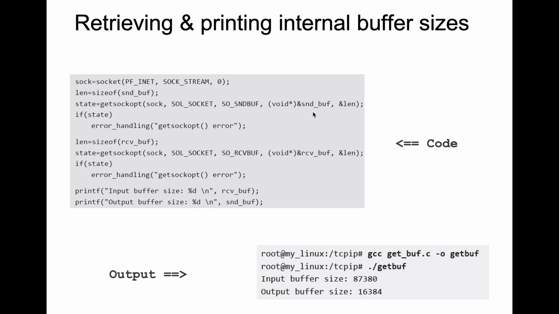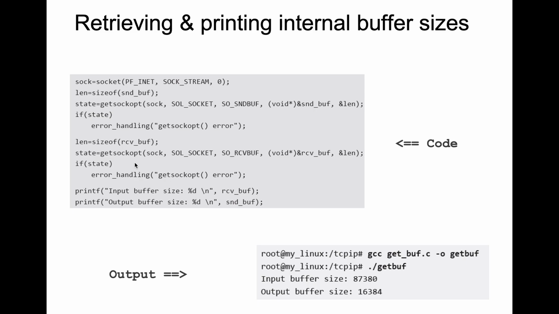We are getting the value, storing it inside this SND buffer, and storing the length in this variable. After that, we are trying to check the receive buffer size by getting it into len.